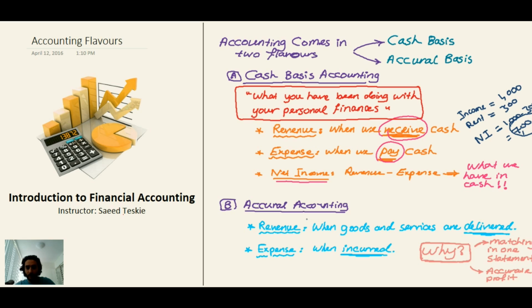Because in accounting, to get an accurate financial statement, we have to match revenue and expense to the same period so we can get an accurate net income.